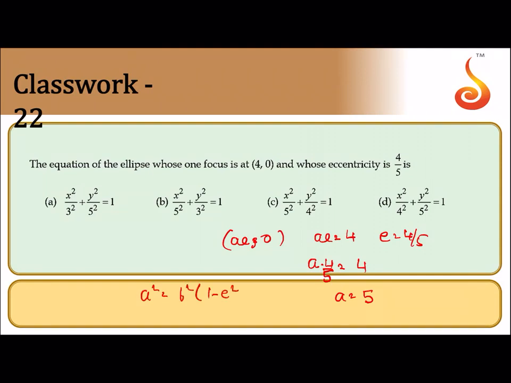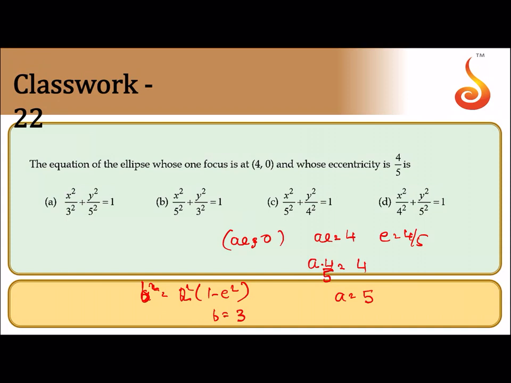Once we got A is equal to 5, we know that B square is equal to A square times 1 minus E square. So from that we get the value of B. So we get B is equal to 3.